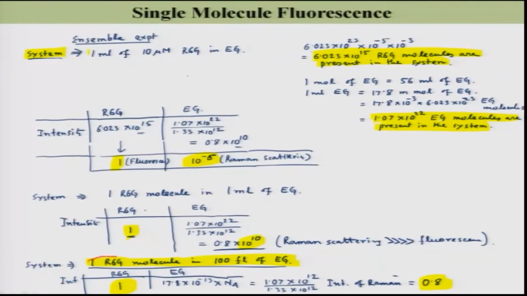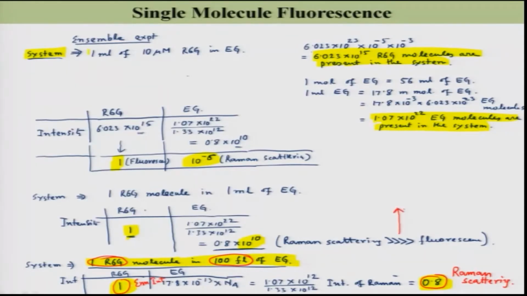But when you take 1 rhodamine 6G in 100 femtoliter of EG, you see the emission intensity is 1, and 0.8 is your Raman scattering. Now if you further decrease from 100 femtoliter to 1 femtoliter, then this value will be 0.008, right, 0.008.